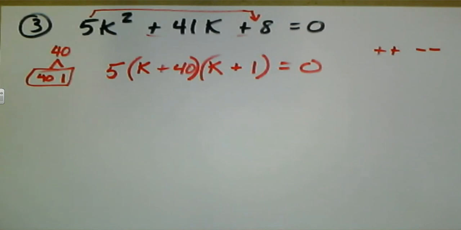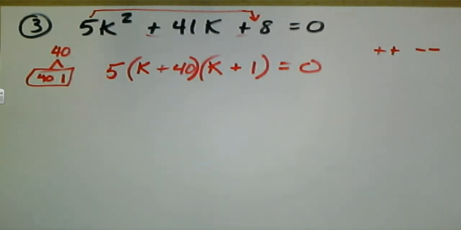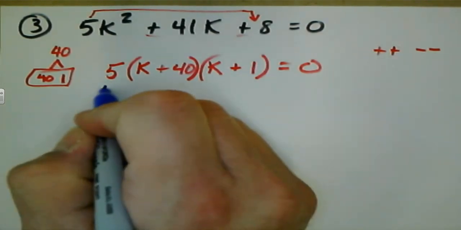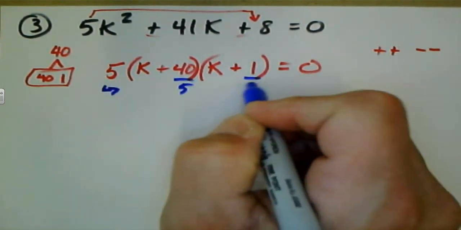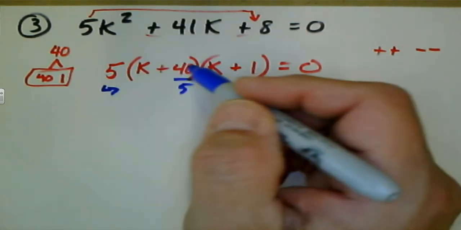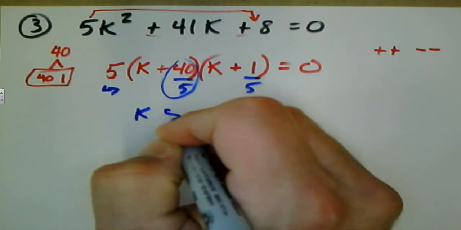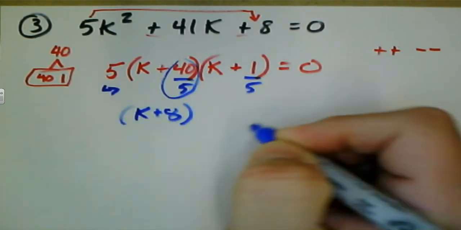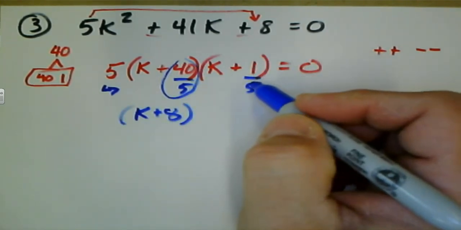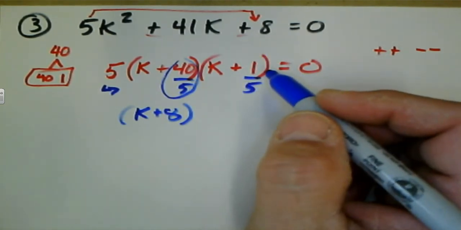All right, so what am I doing with that 5 in the front? I'm going to use it and divide each one of them by it. So we said 40 divided by 5 was 8. However, 1 divided by 5 on your calculators here is going to come out 1 over 5, right?